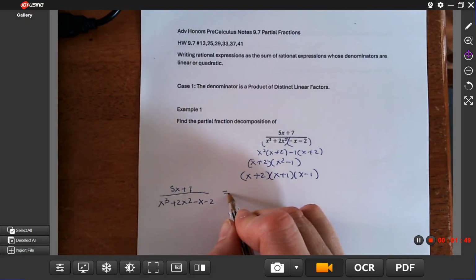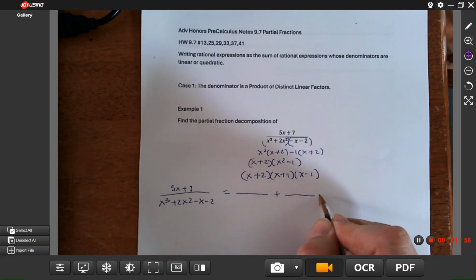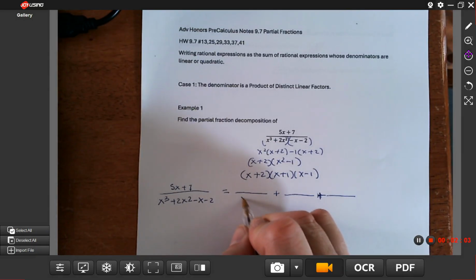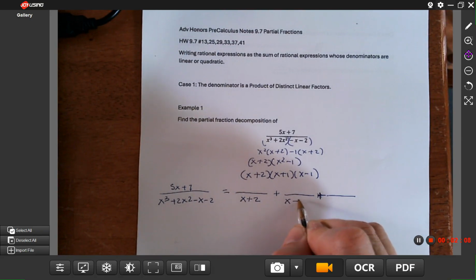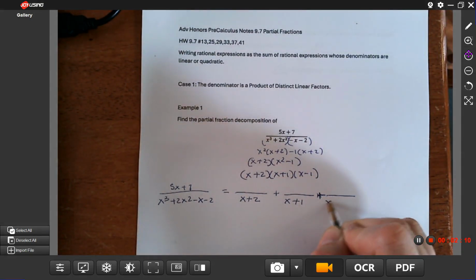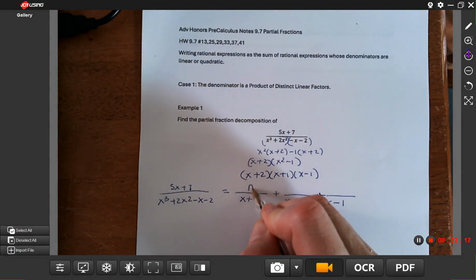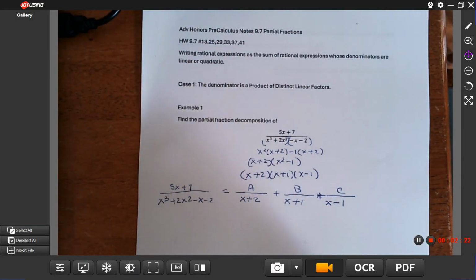And we're going to set it equal to the sum, addition, of 3, oops, that's plus, rational expressions, where the denominators are each of the factors of the denominator, which at a glance looks like, how do I know that's even possible? But we're going to try it out and see what happens.